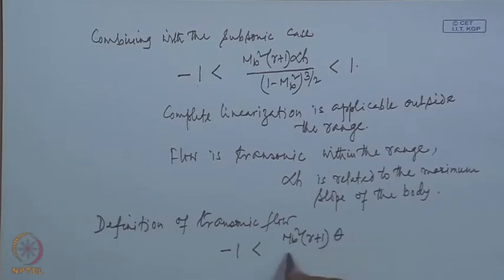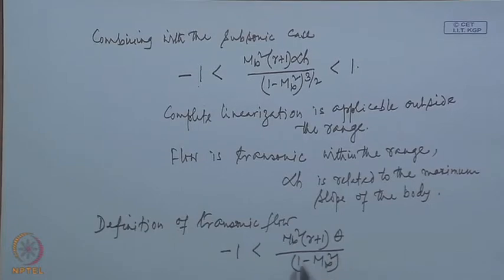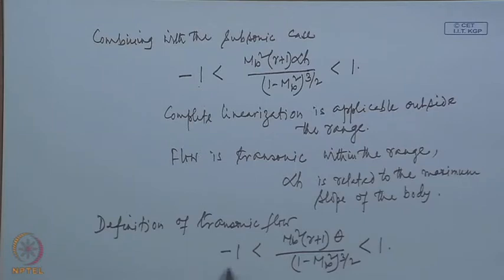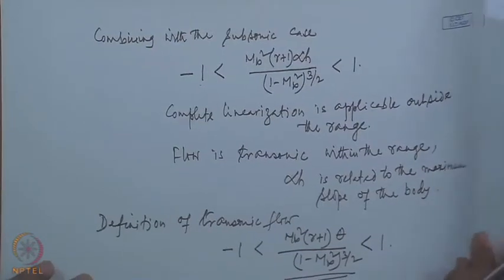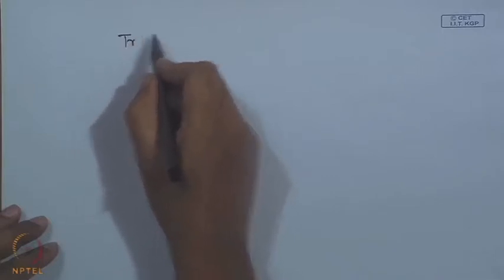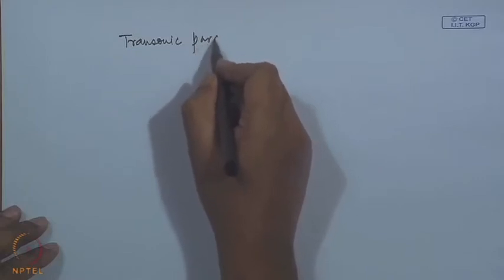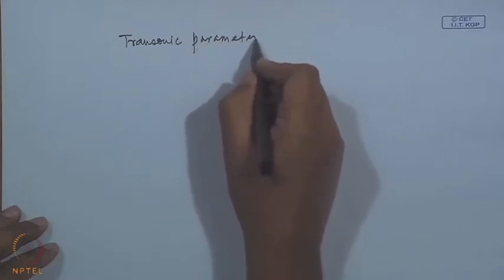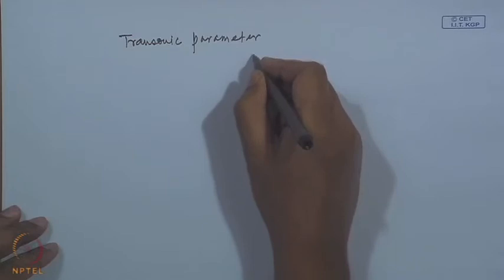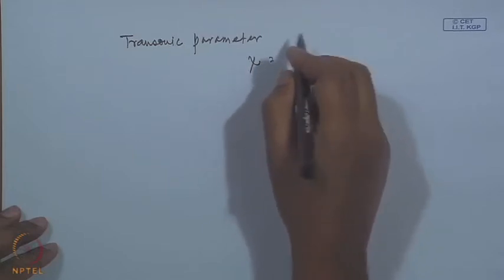If theta is the slope of the body, then this term is usually called the transonic parameter. Let us denote it by chi.